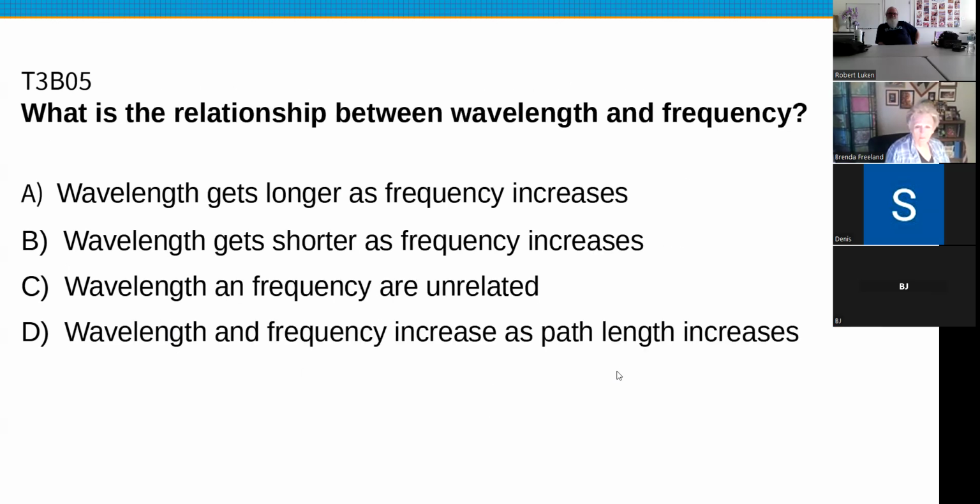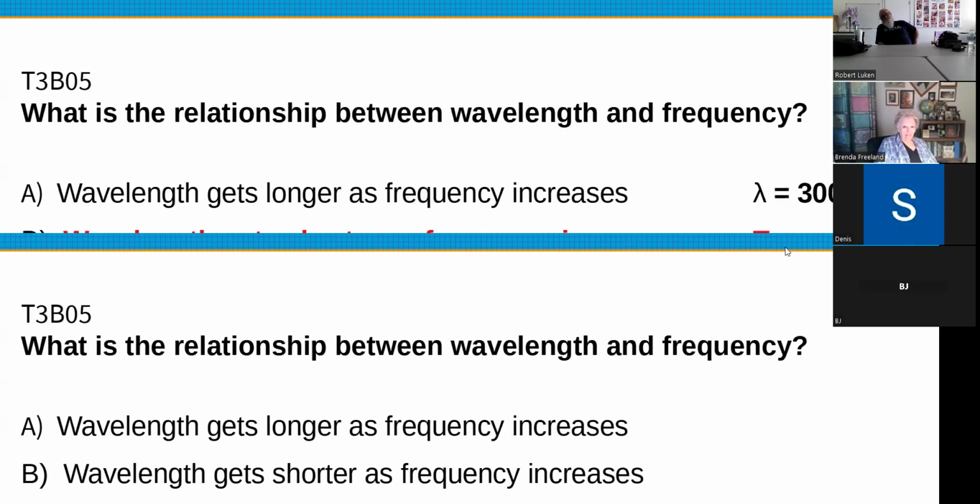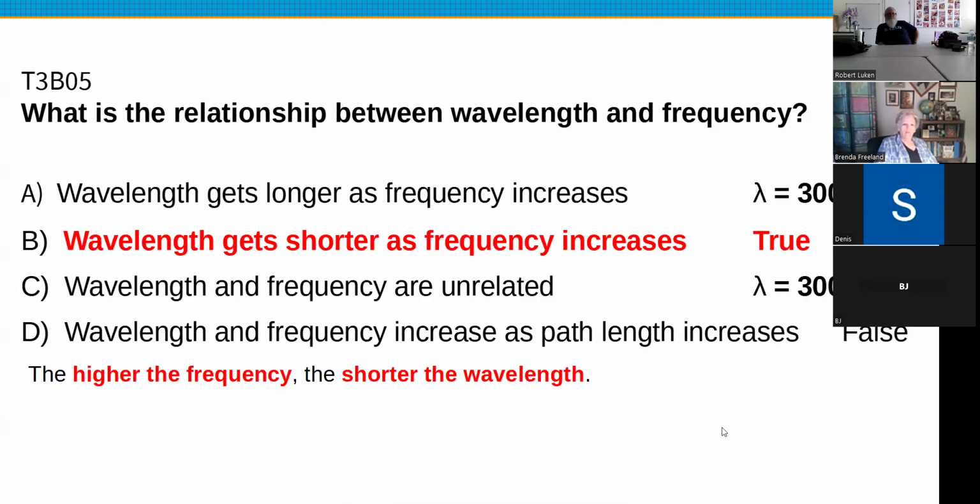What is the relationship between wavelength and frequency? It's going to be Bravo. Sounds good.